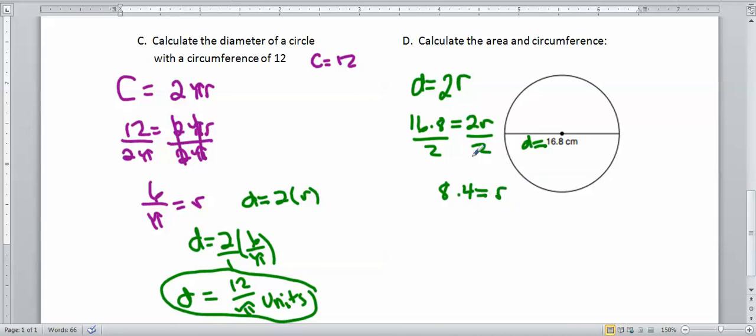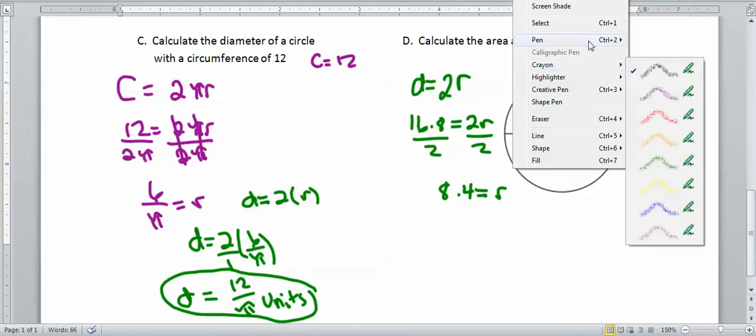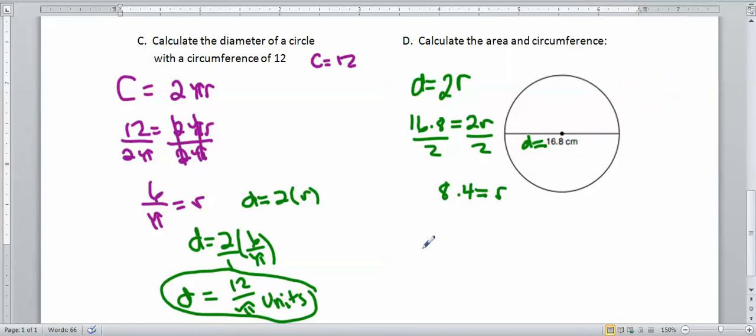And then, since I now have the radius, I can plug that into my area formula and circumference formula. So I get area is equal to pi times 8.4 squared. Okay, so square the 8.4.